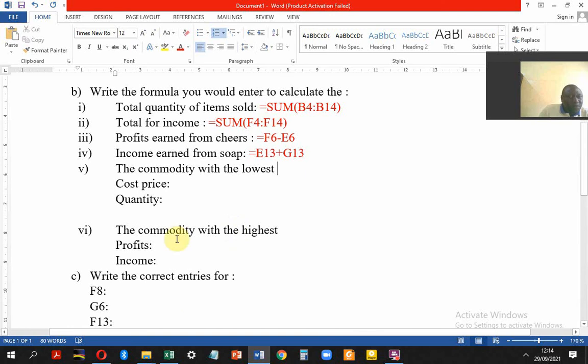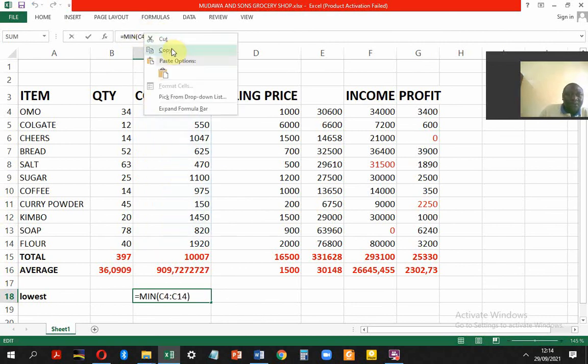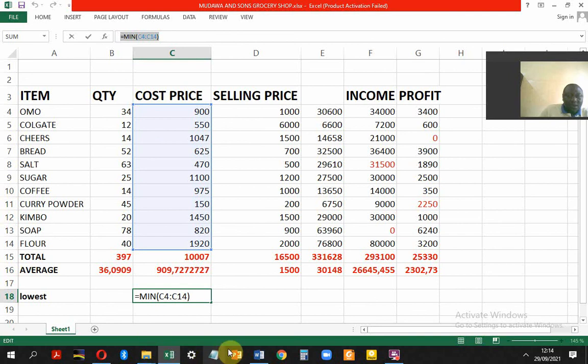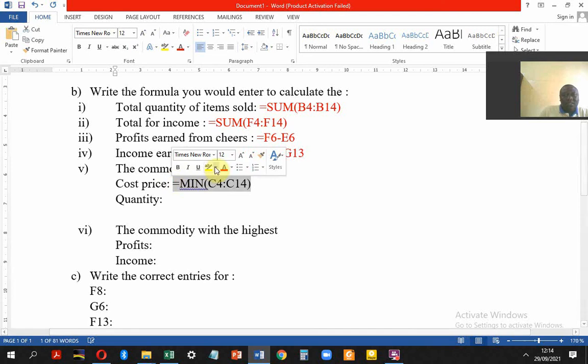So that formula there is the one calculating to give us this 150. So we simply highlight here, we copy, and then we go back to our answer and paste it there. Remember, I said all our answers should be in red for our viewers to be able to see.